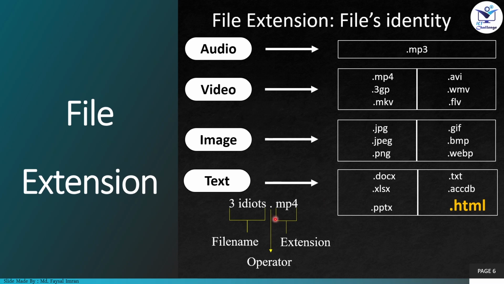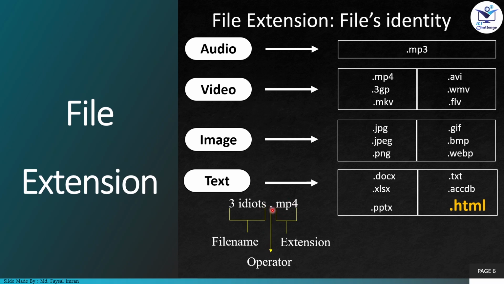The full format of a file contains two parts: the file name and the file extension. The dot is an operator because we have different kinds of data in a single line, file name and file extension, so we add them together with this operator.